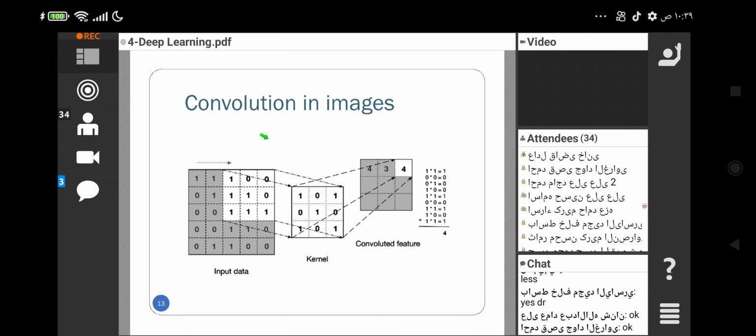All of the values are multiplied by each other, and then they are summed up, added to each other, and the result is 4. So when this kernel is put into this place, and each of the values are multiplied and then added to each other, the result is 4. This is the result.